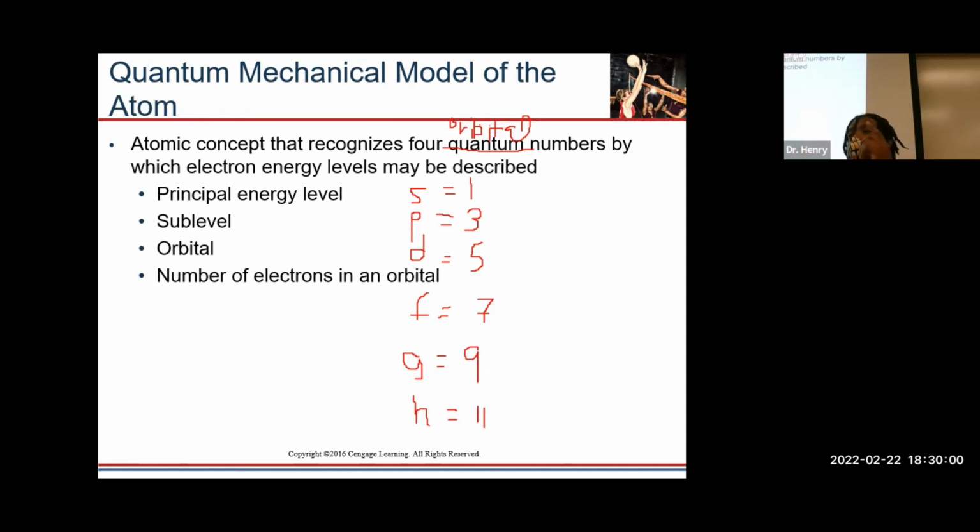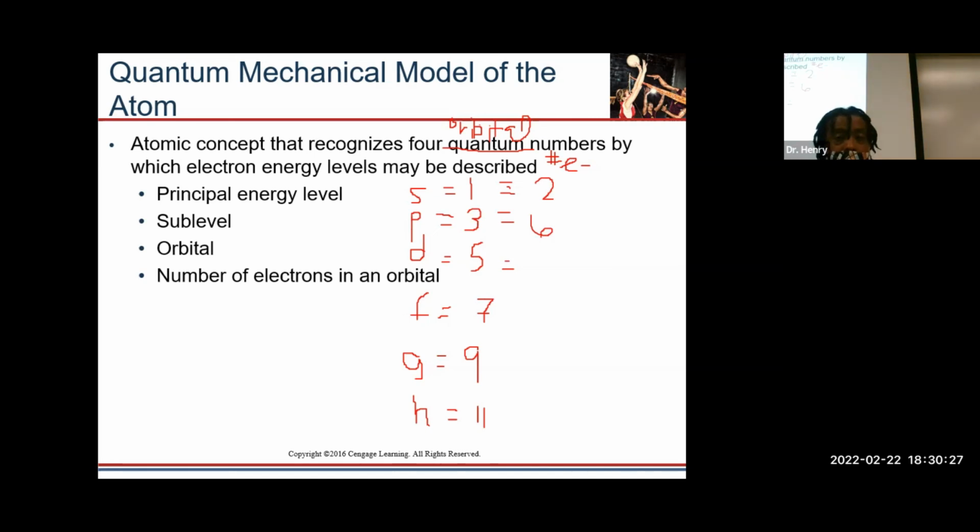So how many electrons can the S subshell hold? 2. What about the P? Yep, you just multiply by 2.